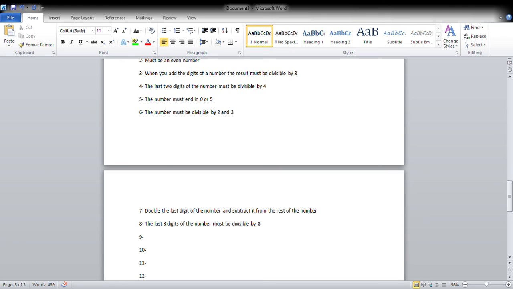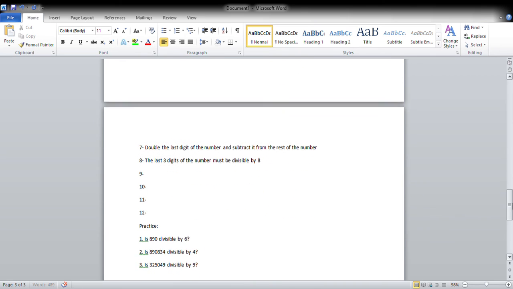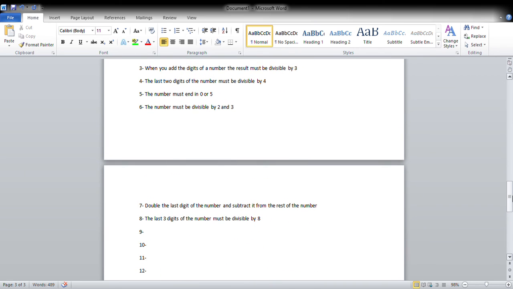Maybe you can just use the standard way to do it. So yeah, 9. This one's the same as 3, except instead of divisible by 3, it obviously must be divisible by 9. So the sum of the digits of the number must be divisible by 9.